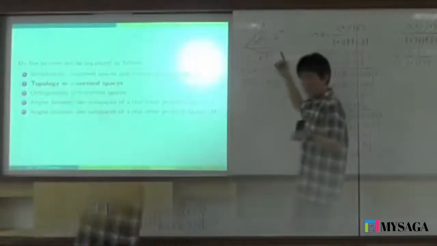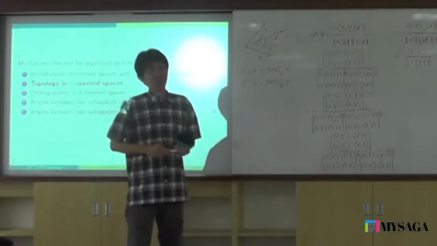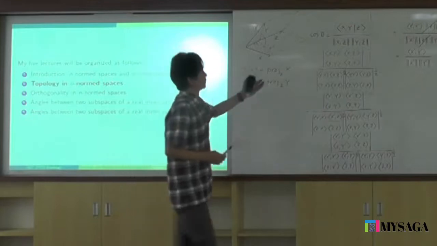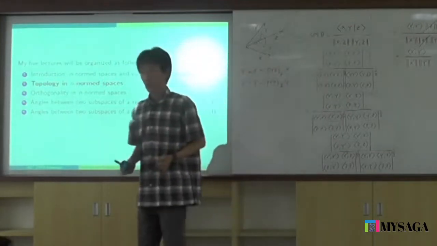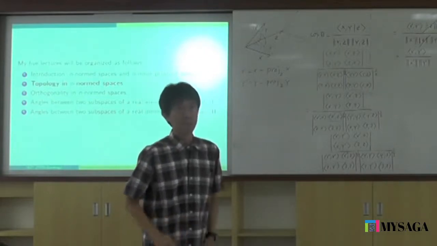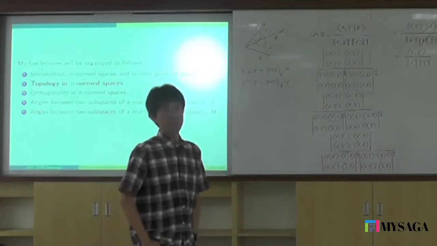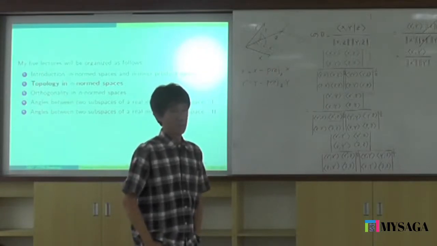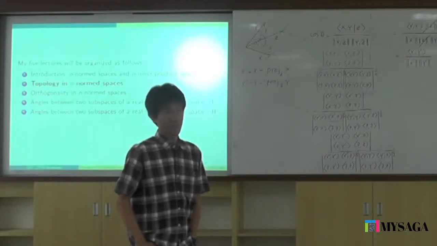So I just justified what I said yesterday, that this expression is really the cosine of the angle between the parallelogram spanned by x and z and the parallelogram spanned by y and z. But this is of course in the standard case.